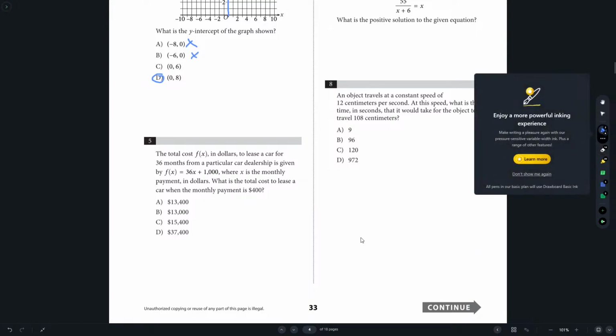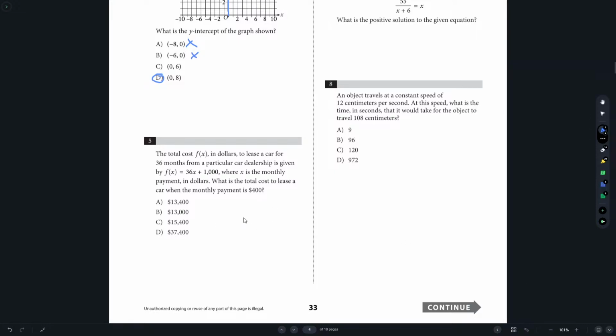The total cost of f of x in dollars to lease a car for 36 months from a particular car dealership is given by f of x is equal to 36x plus 1,000, where x is the monthly payment in dollars. What is the total cost to lease a car when the monthly payment is 400? We're going to plug in 400 for x.